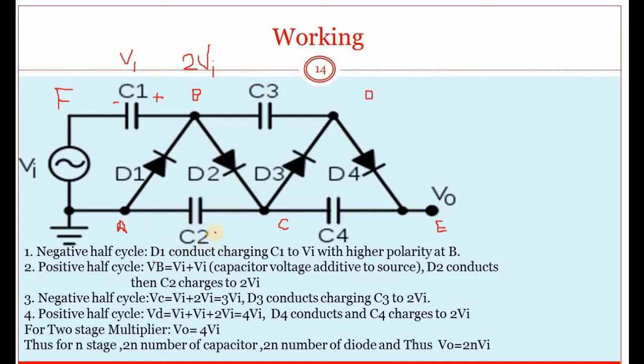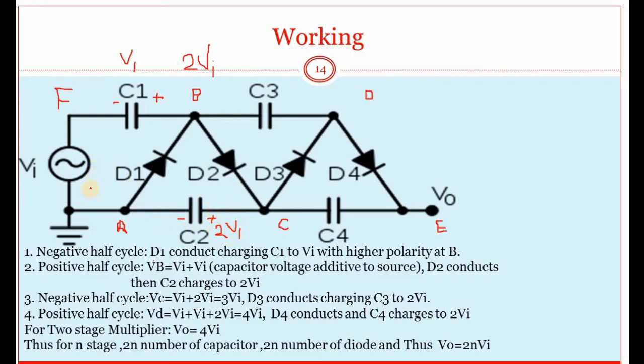Now let's go to the next half cycle, that is the negative half cycle. The voltage at point C in the next half cycle, from the previous half cycle, will be 2Vi with this polarity.